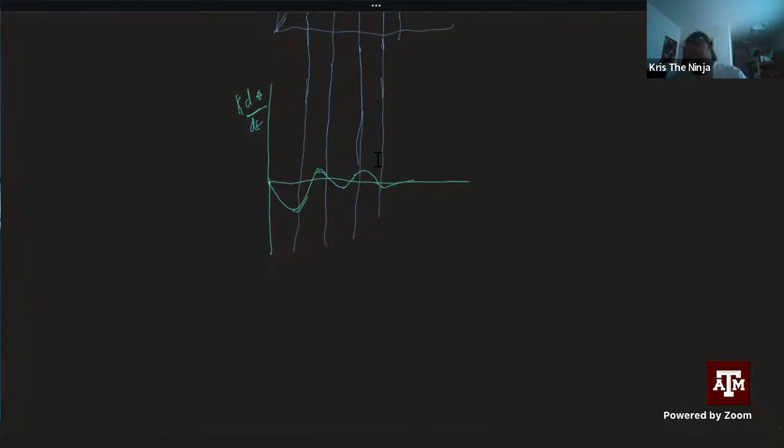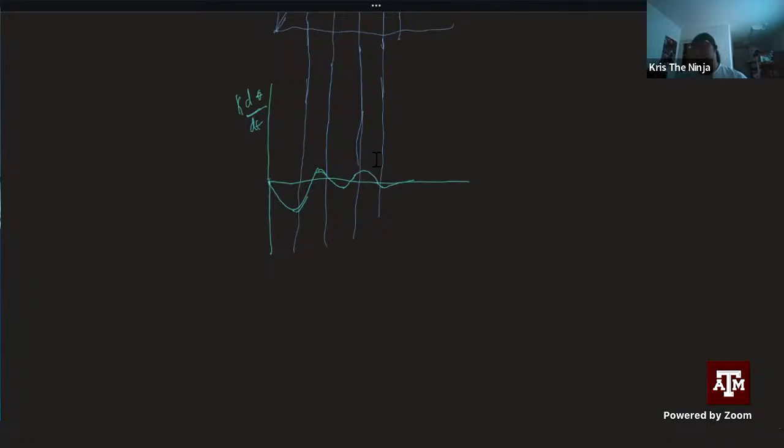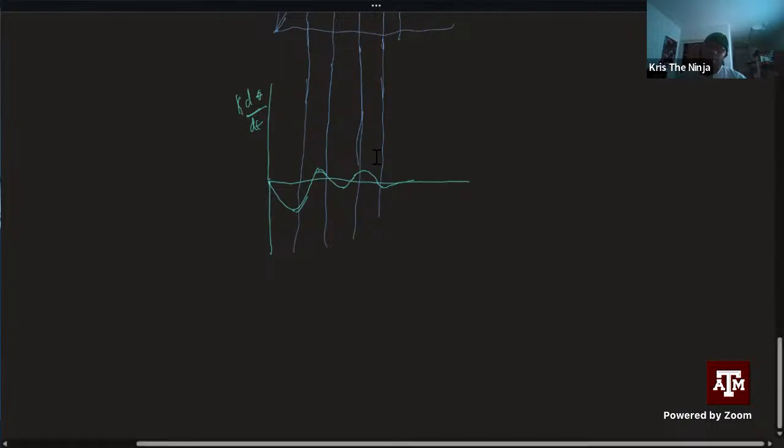So the next thing that you should know is that these controllers need transfer functions to make them easier to solve. Because you can't have signals and system controls in the same equation.